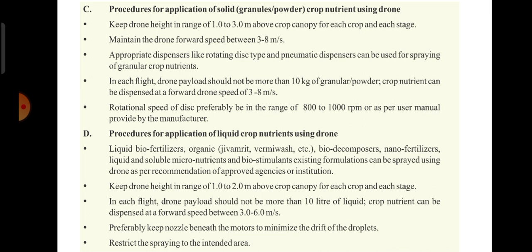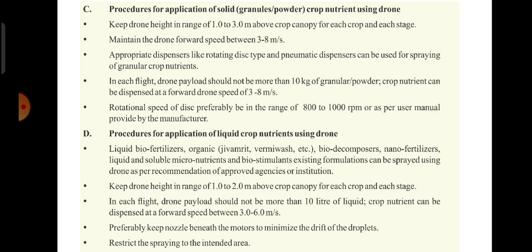Now the procedures for application of liquid nutrients using drones. Liquid biofertilizer, organic biodecomposers, nanofertilizer, liquid and soluble micronutrients, and biostimulants, existing formulations can be sprayed using drones as per recommendations approved by the different agencies or institutes. Keep the drone at a height range of 1 to 2 meters above the crop canopy for each crop and each stage.